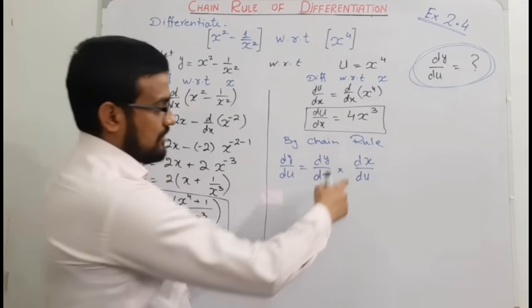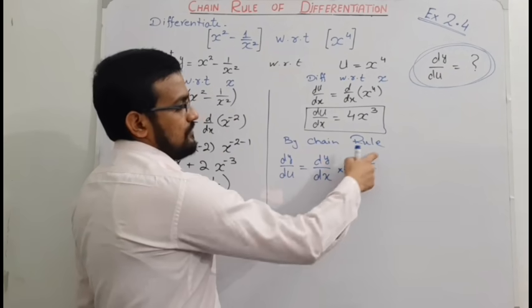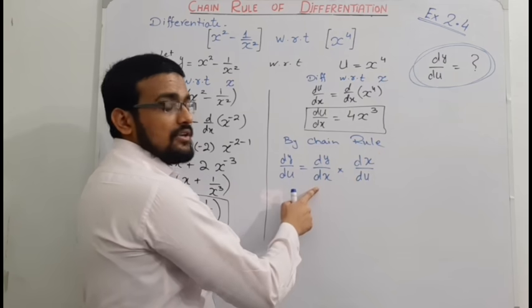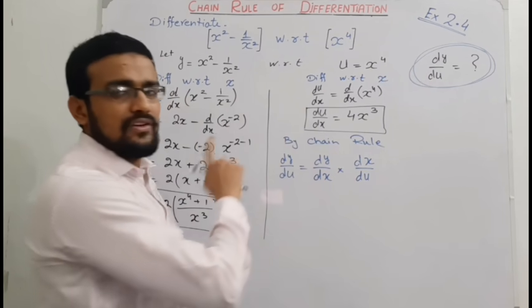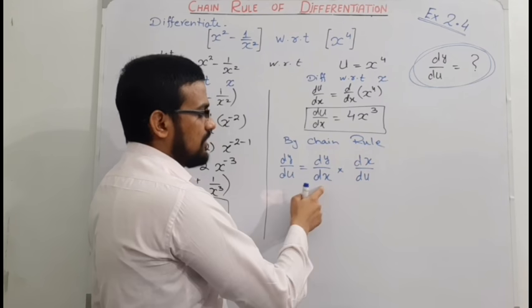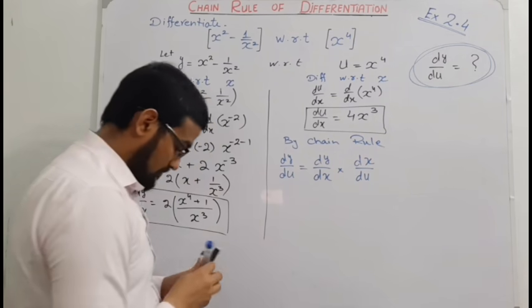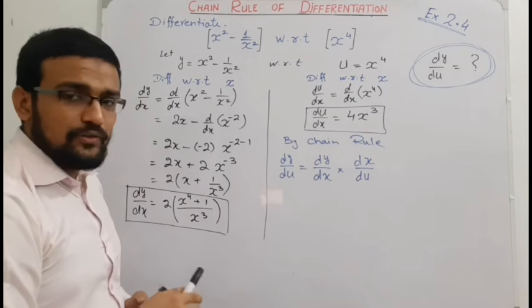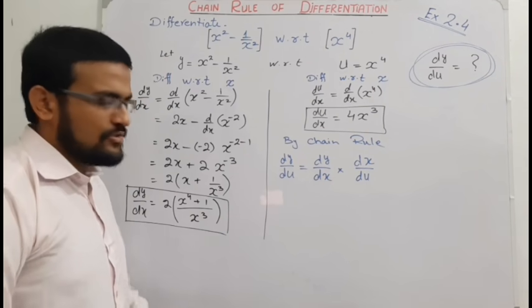In this case x should be the parameter. If a parametric equation is given, then this variable should be the parameter. Then put in the values of dy over dx and dx over du.